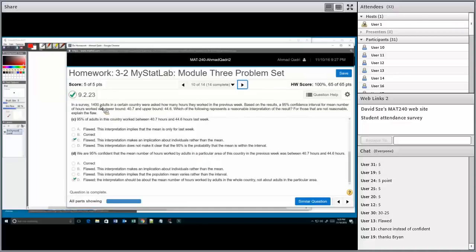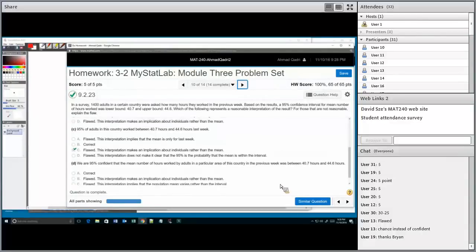It said 1,400 adults in a certain country were asked how many hours they worked, and this was the confidence interval. You cannot take that confidence interval and apply it to a smaller region of that country. The confidence interval is built using data from the entire country. So you cannot say that all these small regions will have the same confidence interval. That's incorrect. The interpretation should be about the mean number of hours worked by adults in the whole country, not about adults in a particular area.